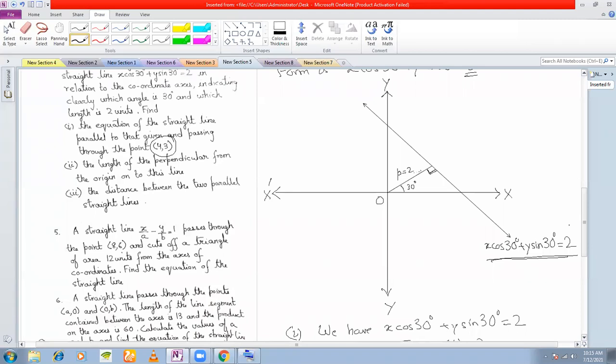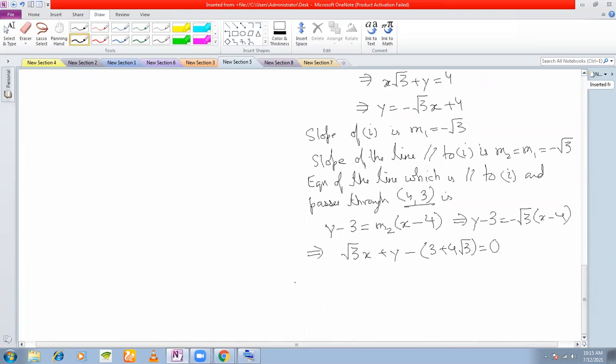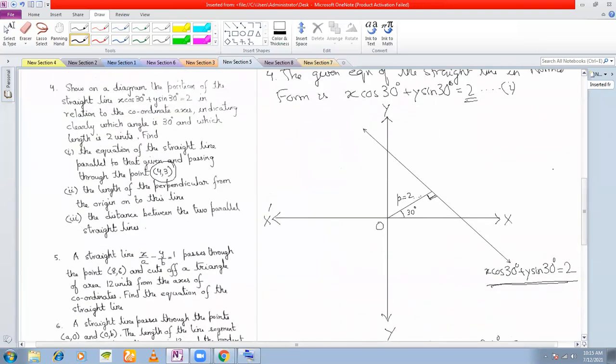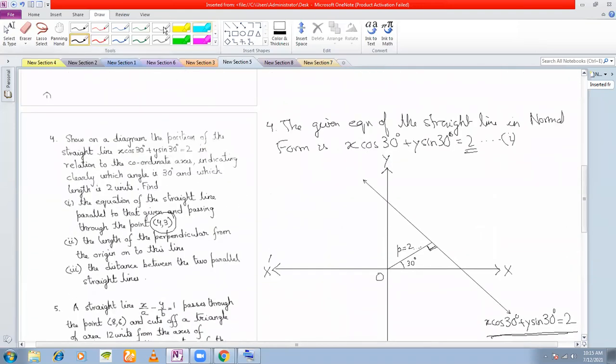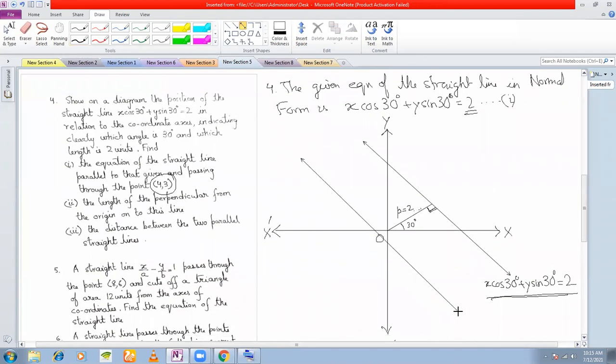Let's now see the next part of the question. Next part of the question states the length of the perpendicular from the origin to this line. To which line? This line that we have found out. What is the length of the perpendicular? Let us say that this line parallel to this line is, let's say, like this. Suppose this is the line.